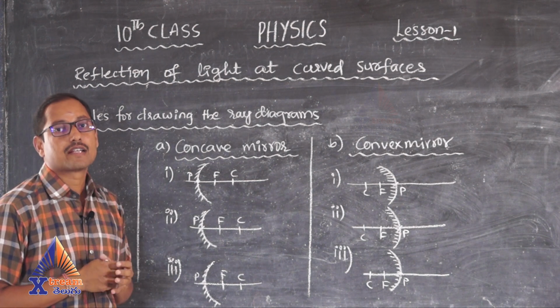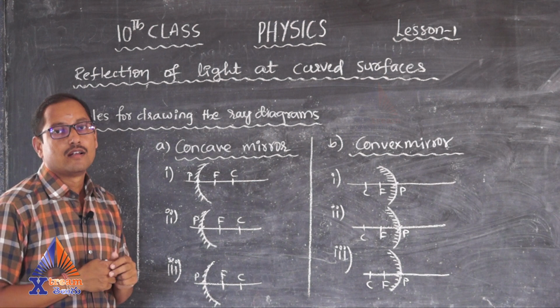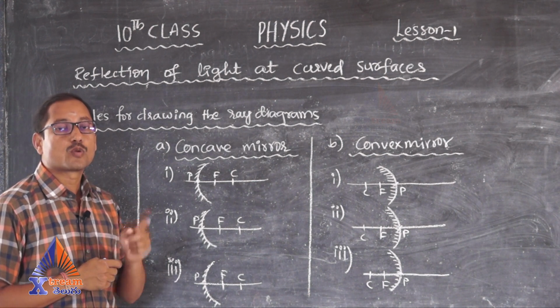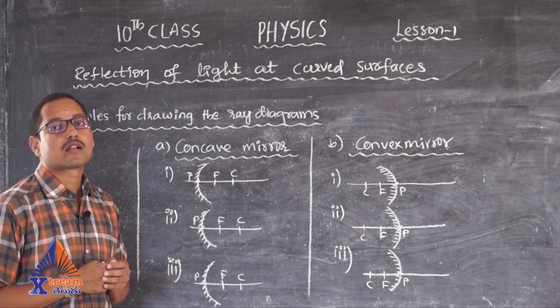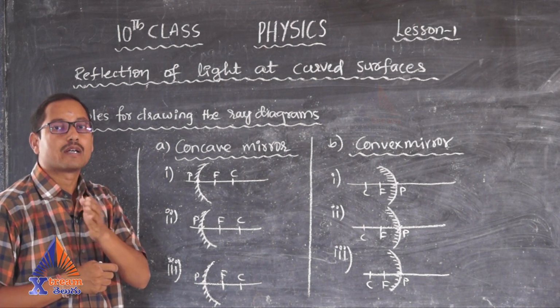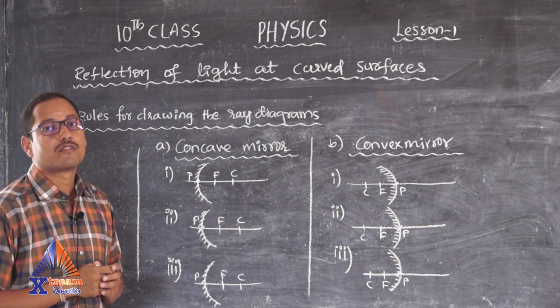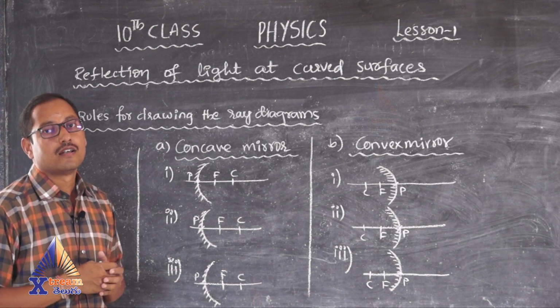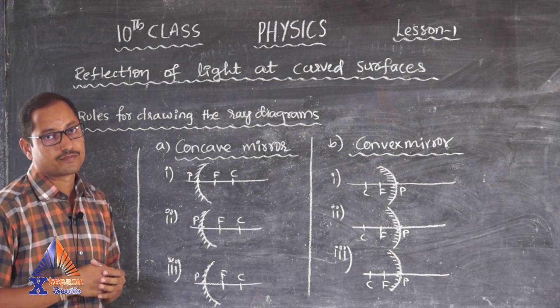Such rays are called paraxial rays. Second one, the rays which are passing through the focus. Third one, the rays which are passing through the center of curvature. Let us understand what is the meaning of this and how exactly the reflected ray behaves in these 3 cases.